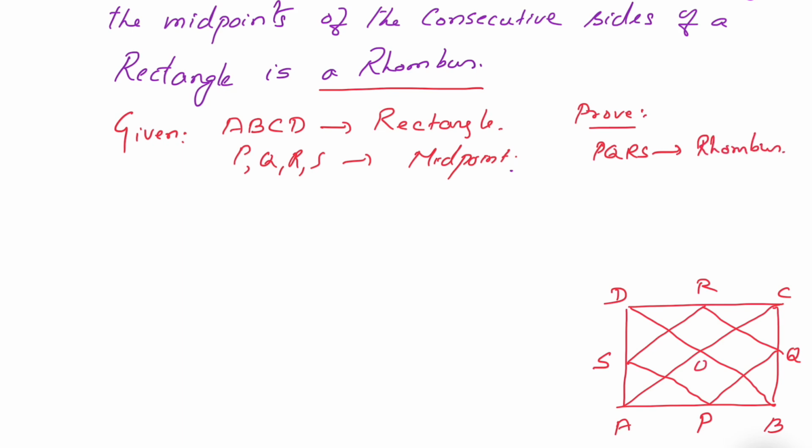So the first thing for all proofs similar to this, first you have to prove PQRS is a parallelogram. We have already done the proof earlier. So follow the same steps and first prove PQRS is a parallelogram.